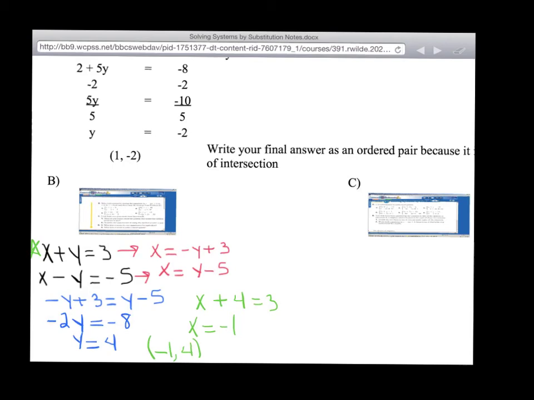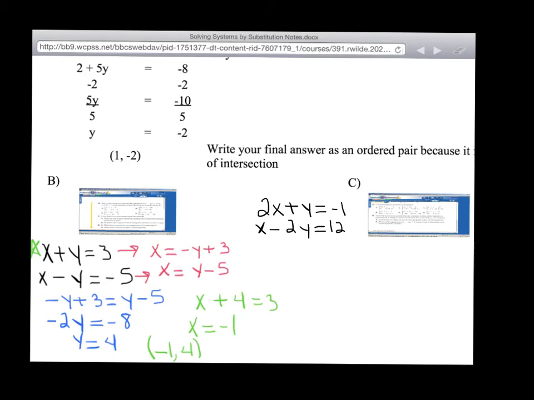Number 2. The system for number 2 is 2x plus y equals negative 1, x minus 2y equals 12.